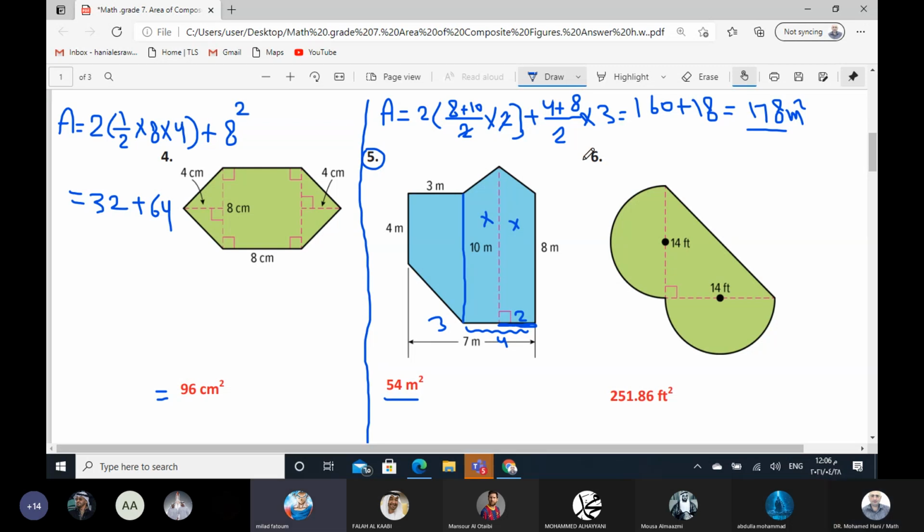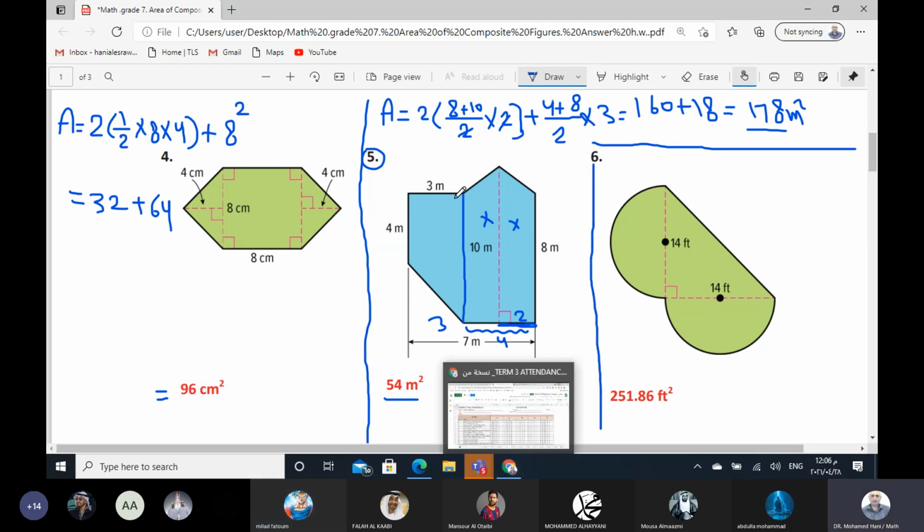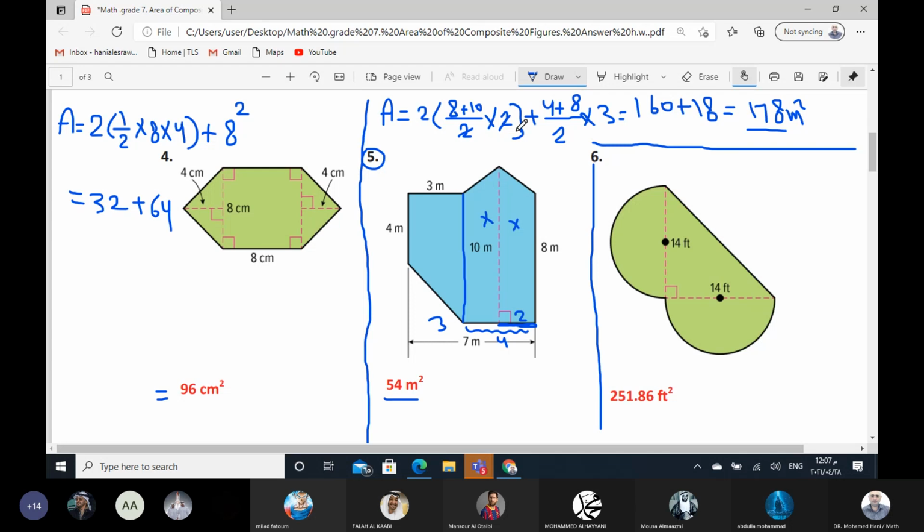We don't have a parallelogram. Sorry, Mister, I mean the trapezoid. Yes. I have a mistake in the solving. Who can tell me what is wrong here? The mistake is directly here.